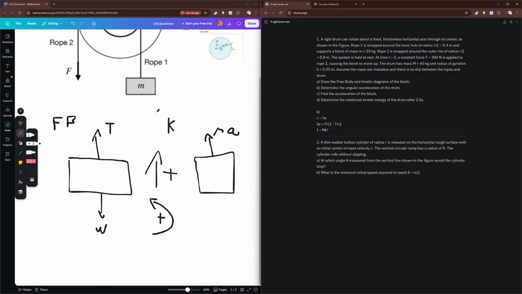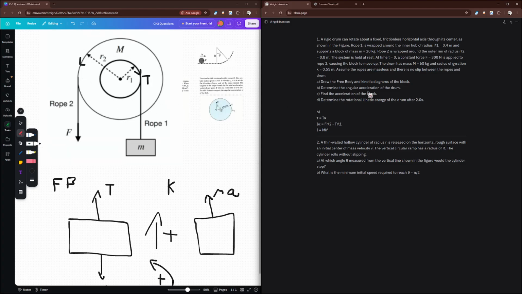The block doesn't have the radius of gyration. The drum has it, and the mass of the drum is 60, right? So this is just equal to 60 times 0.55 squared, so this is equal to 18.15 kilogram meters squared. And you can check the units pretty easily, right?